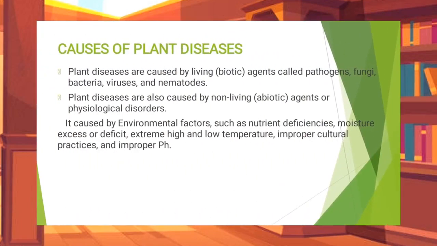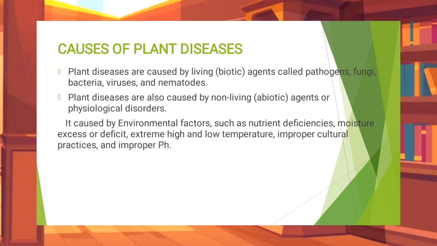Causes of plant diseases. Plant diseases are caused by living biotic agents called pathogens: fungi, bacteria, viruses, and nematodes. I will discuss these later. Plant diseases are also caused by non-living abiotic agents or physiological disorders.